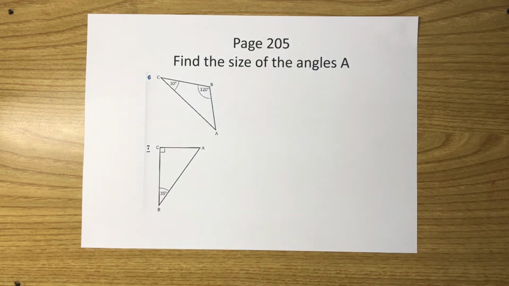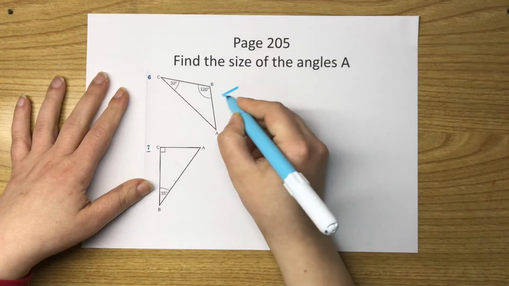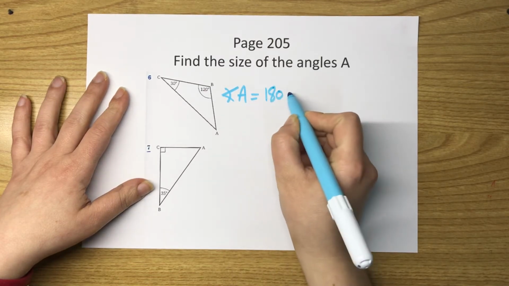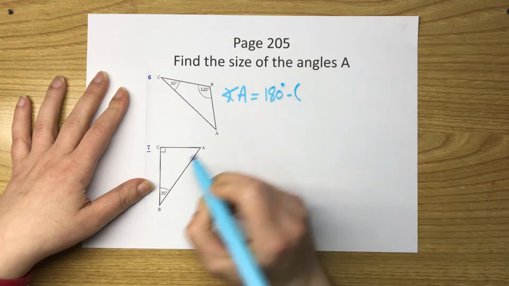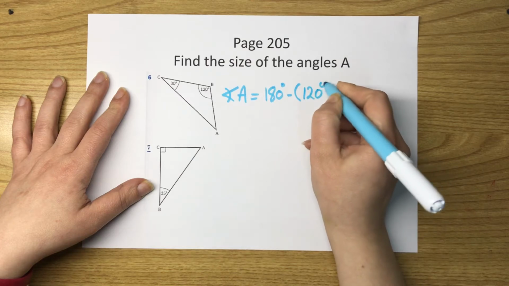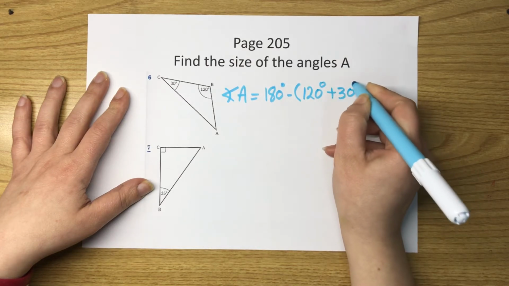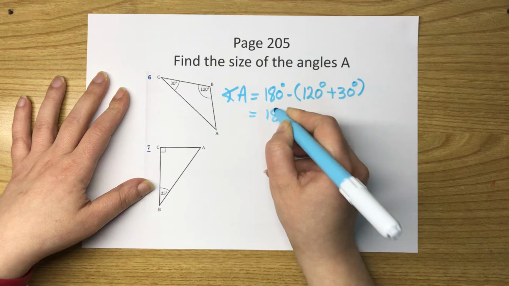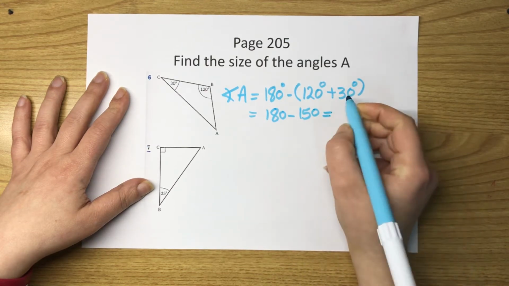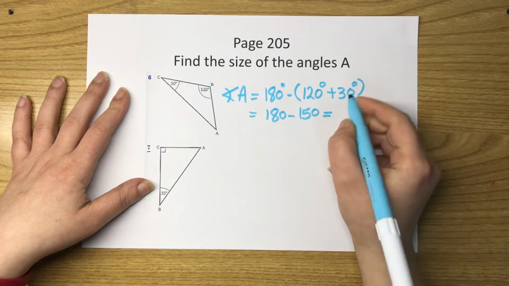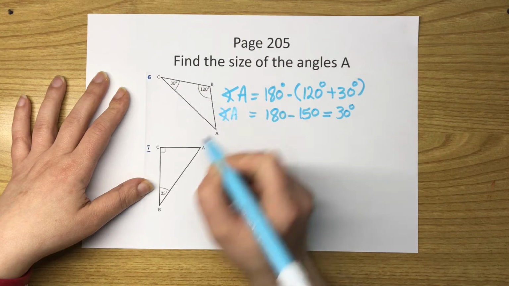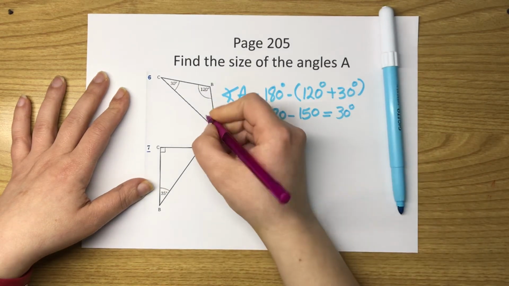So angle A is going to be 180 degrees take away the sum of the other two angles, 120 plus 30, which equals 150. 180 take away 150 equals 30 degrees. So angle A is equal to 30 degrees.